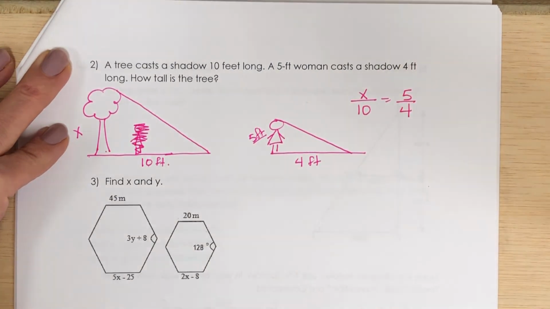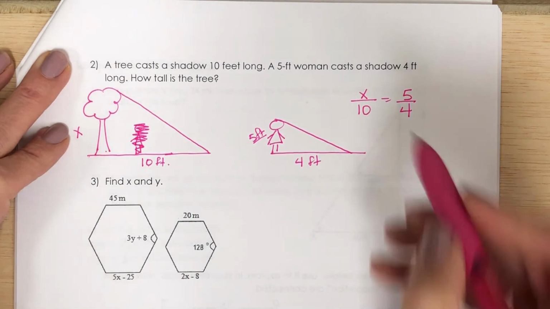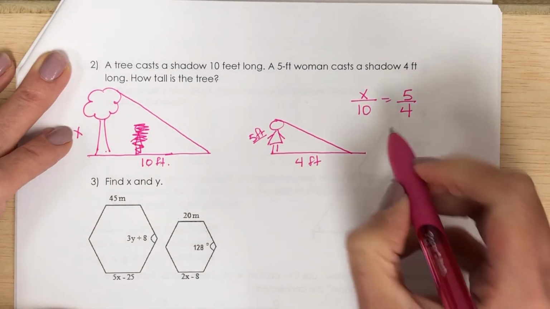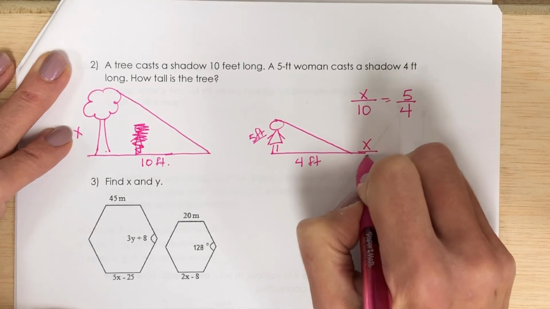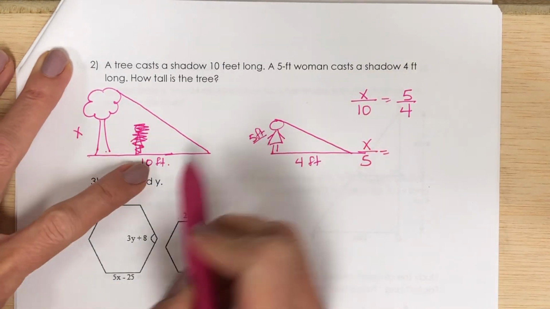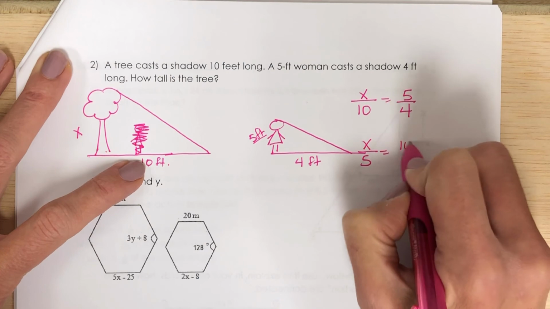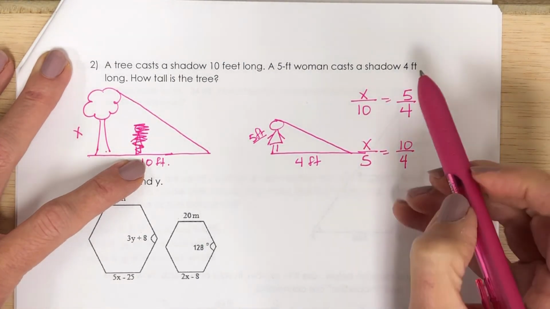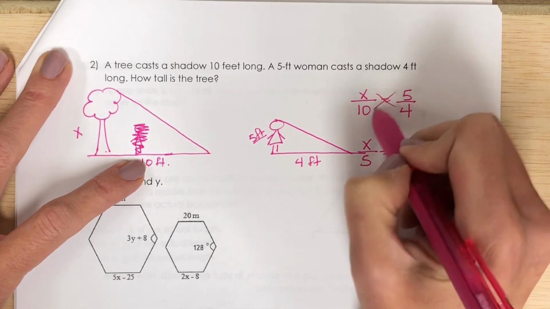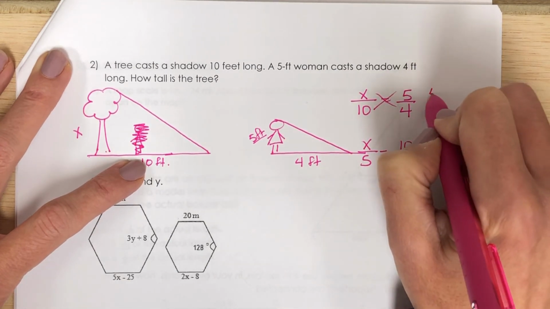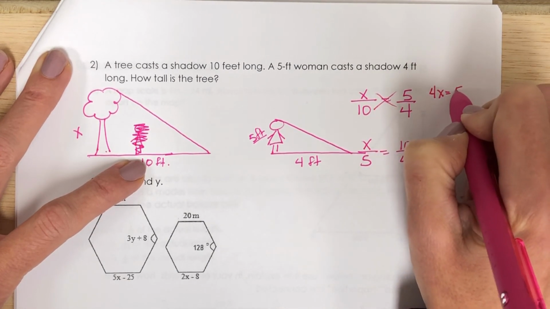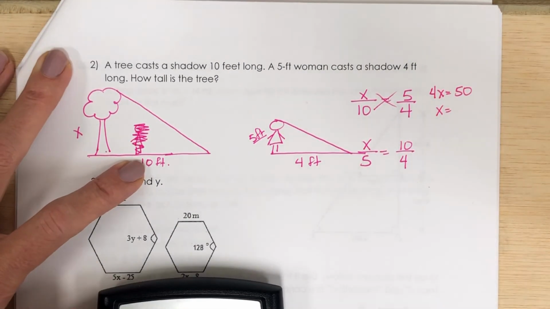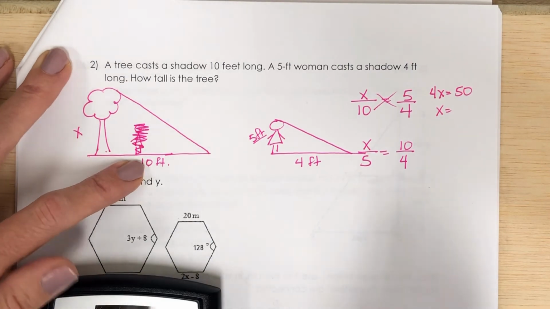There's lots of different ways that you could set up your proportion. I could have also done x over 5 will be the same as 10 over 4. You'll notice that we're going to get the same answer either way. If we cross multiply, here we're going to get 4x equals 50. x equals, let's see, 12.5.